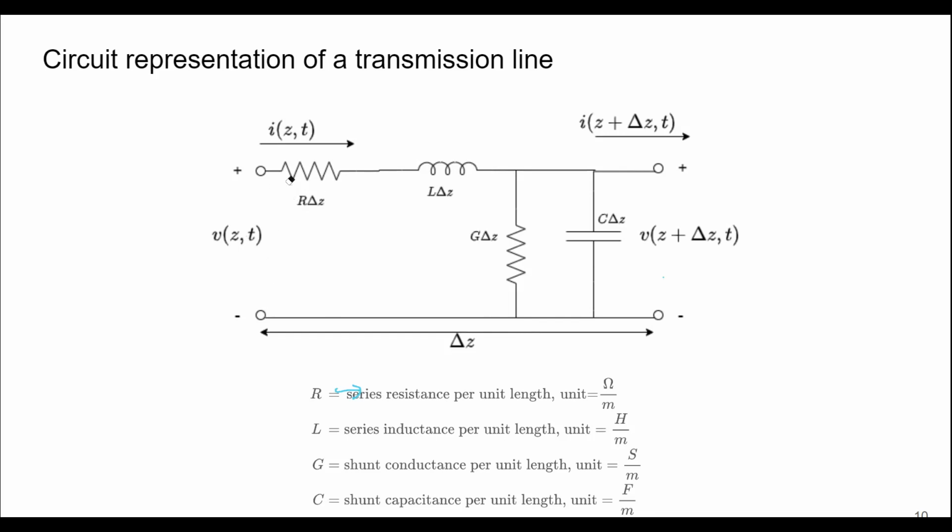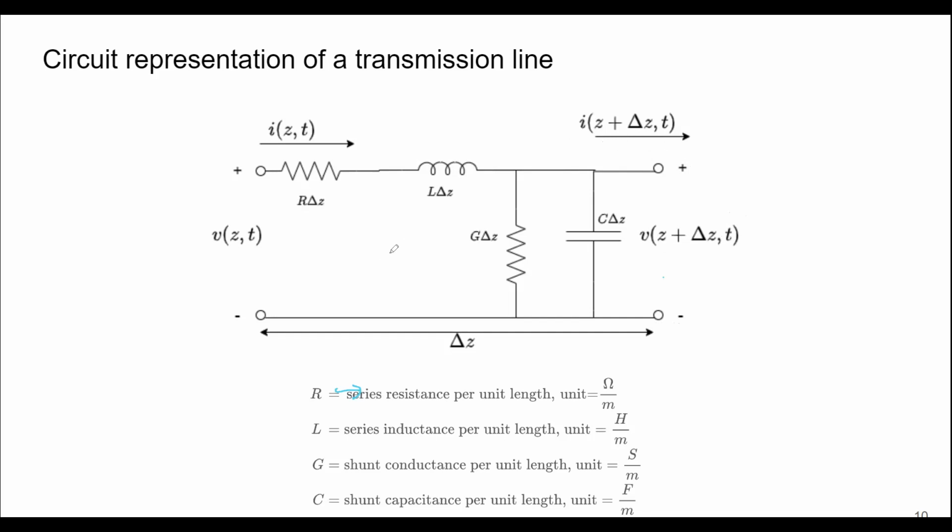The input voltage at the position Z at time t is denoted by V(Z,t), and the current is denoted by I(Z,t) at the position Z. And then when we take the voltage and current at the position Z plus delta Z, we take these parameters as V(Z+ΔZ,t) and I(Z+ΔZ,t).